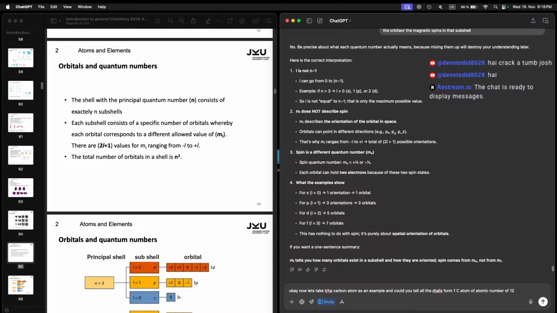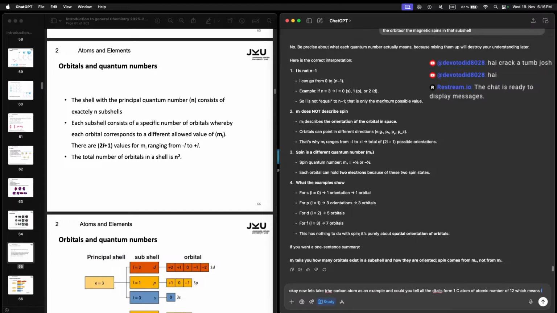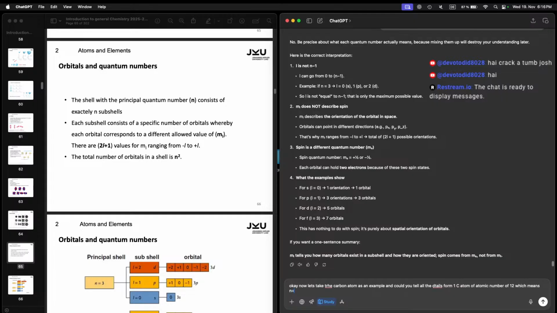Wait, carbon is 12, which means it has 12, which means n equals 12.